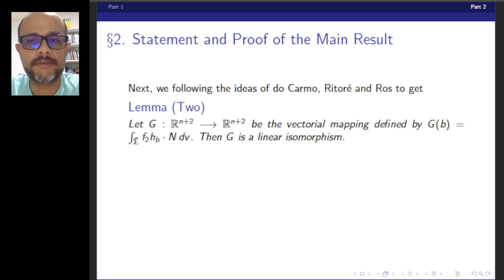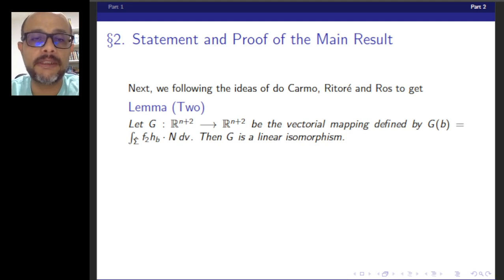The second lemma is a lemma inspired by the ideas of Ducharme, Ritoré, and Royce, and in such a setting, we are able to prove that this map G, big G, defined by this expression is just the mean of a vector function with f2.